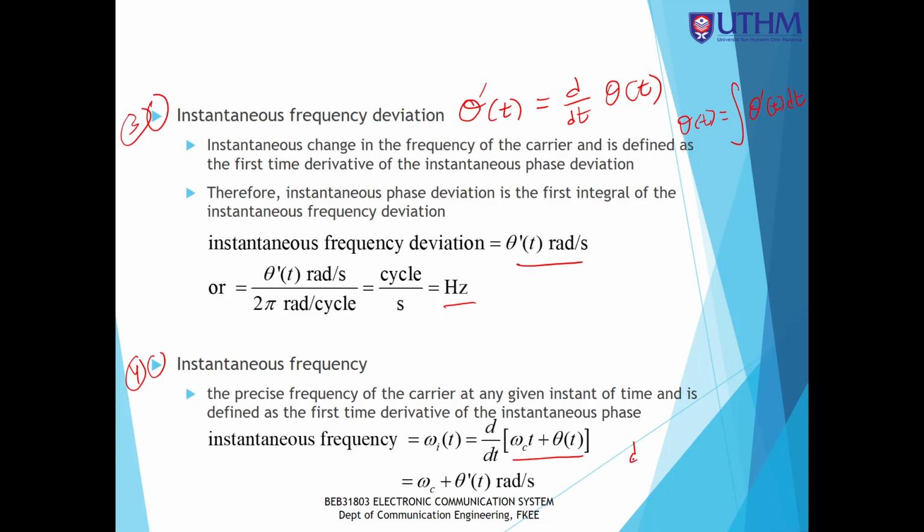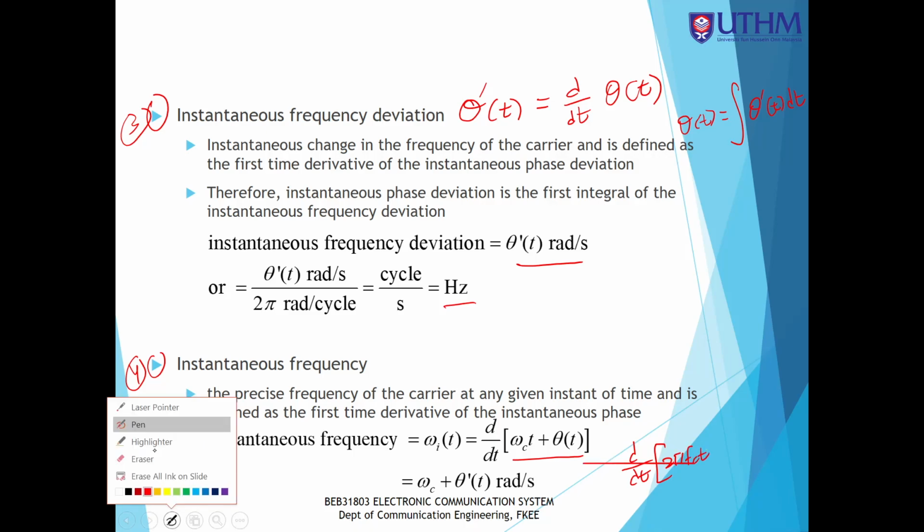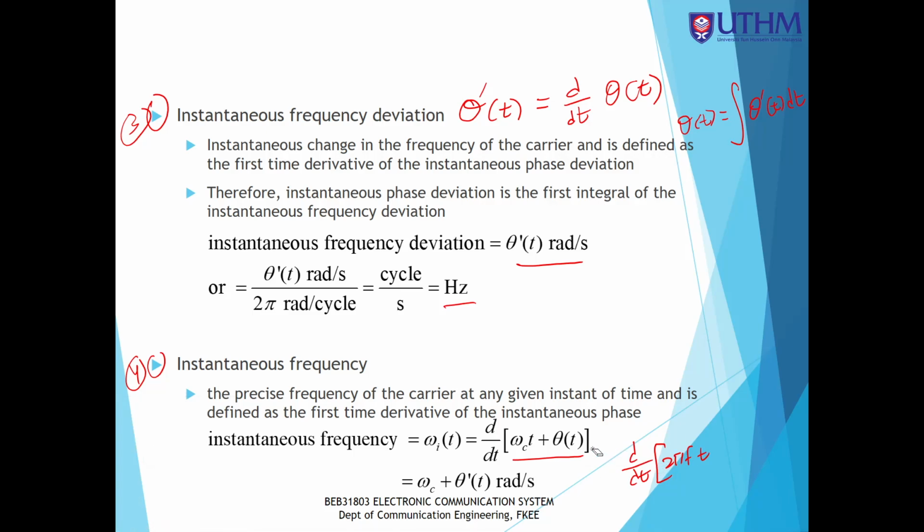So you do the first derivative d/dt of 2 pi Fc t, where I change omega c into 2 pi Fc, plus theta t.